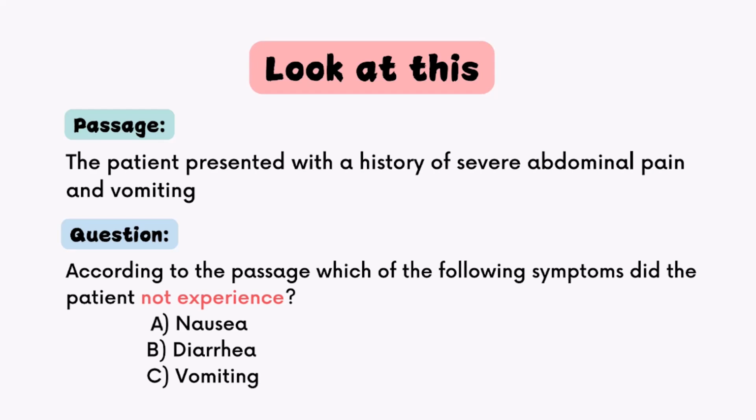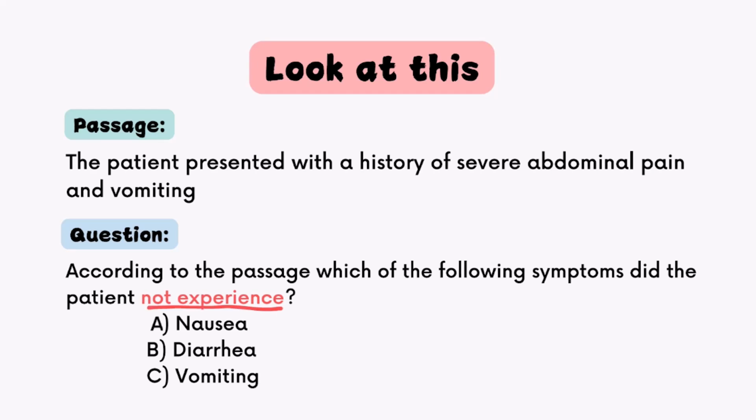So for your understanding, I would like to give you an instance. In the passage, what they have mentioned is: the patient presented with a history of severe abdominal pain and vomiting. This is your scenario, or the passage, right? Now look at the question. According to the passage, which of the following symptoms did the patient not experience? What type of question are we dealing with here?